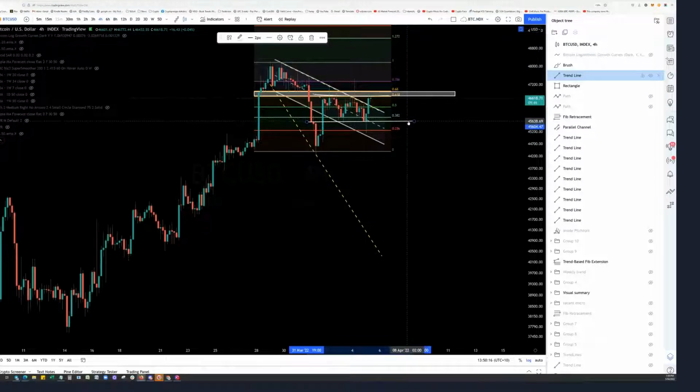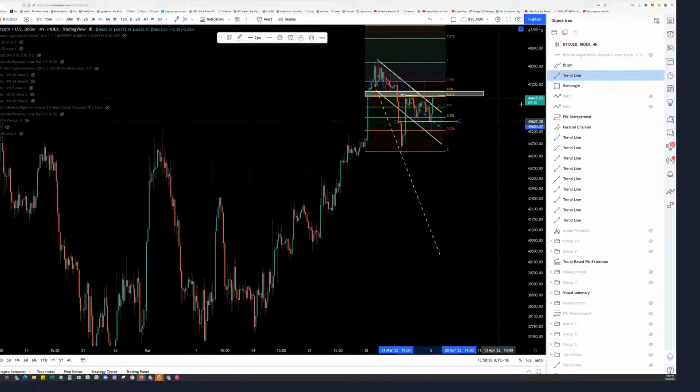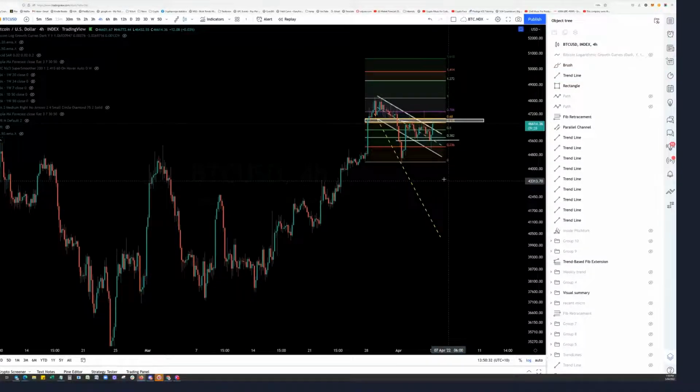If we lose that critical 4-hour level, if we have a 4-hour candle that closes below this, and I probably won't give you a time, but if it drops below this, then we have this triple top rejection, and then it's going to go down. We talked about that before as to where that could go.